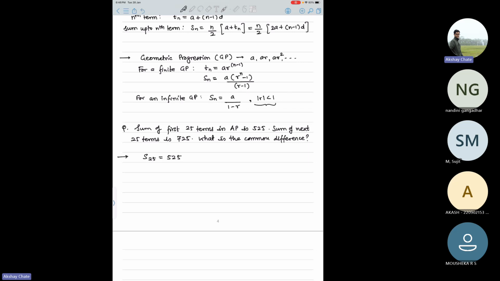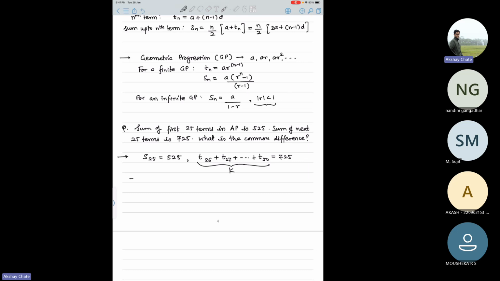So that means if you add the 26th term, 27th term, and so on and so forth, up to the 50th term, that summation is 725. Okay. So let's call this some number k, or some notation k.